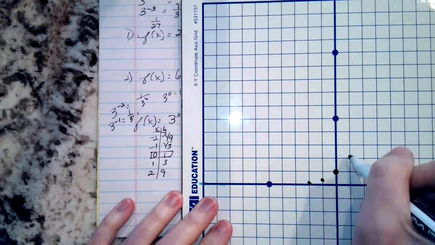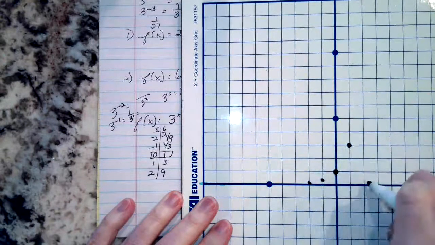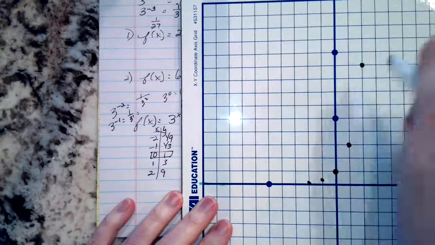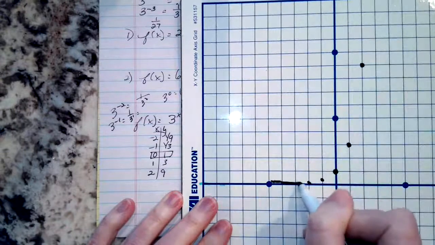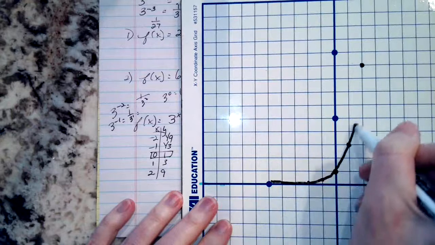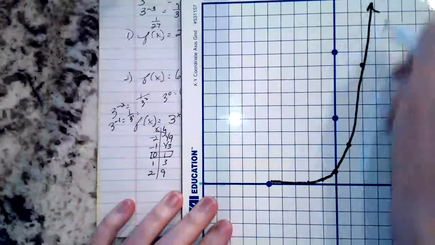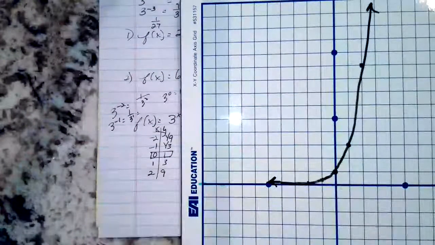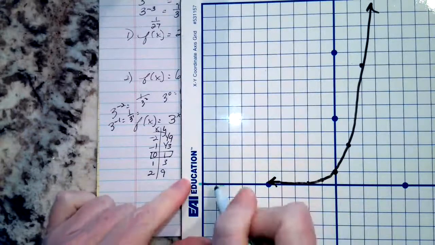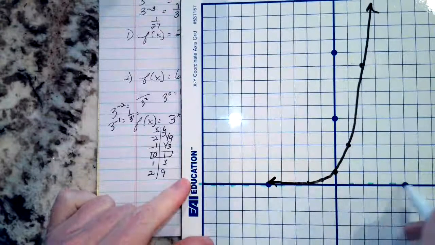Everybody goes through there. 1, 3, and 2, 9. So our basic guy here is doing something like that. And if they're asking you to graph it, you're going to have to show the asymptote.